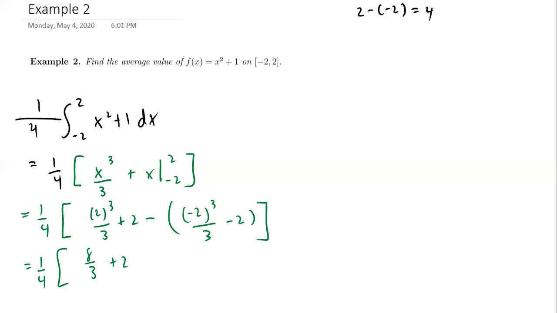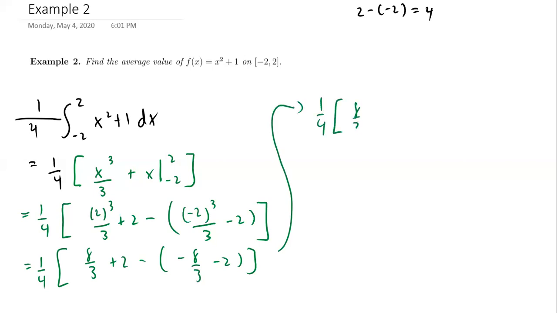Here we have minus negative 2 cubed, that's negative 8 divided by 3, so we get negative 8/3 minus 2. Now let's distribute the minus sign. We end up with 8/3 plus 2, minus negative 8/3, that's positive 8/3. Then we have minus 2, that's positive 2.